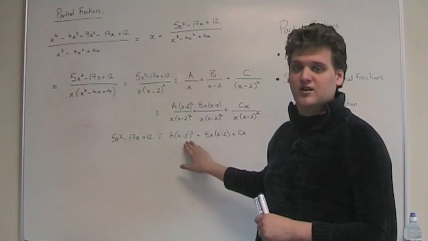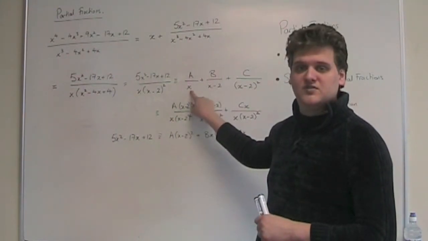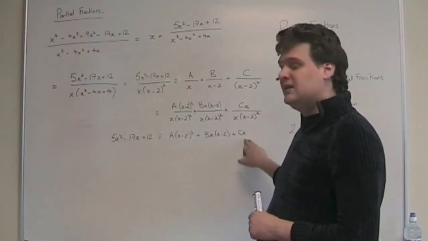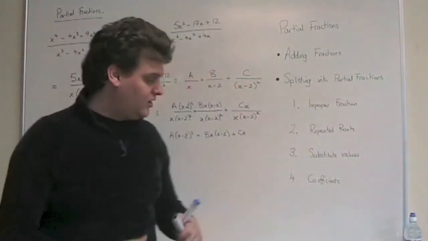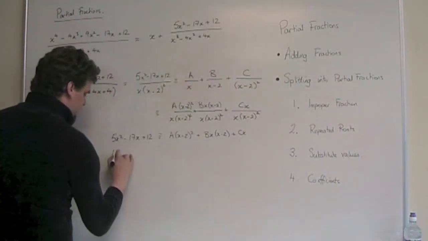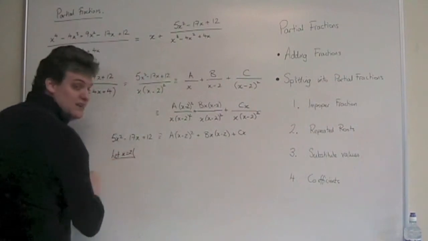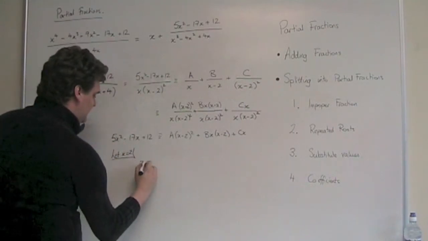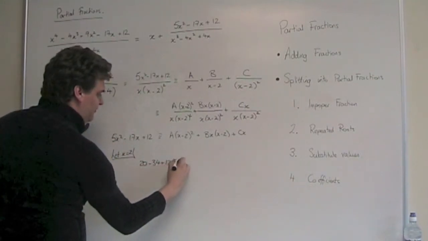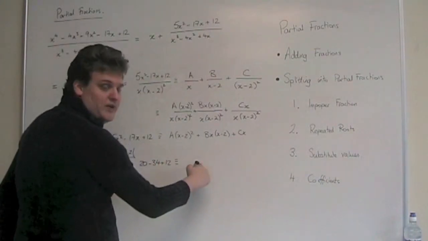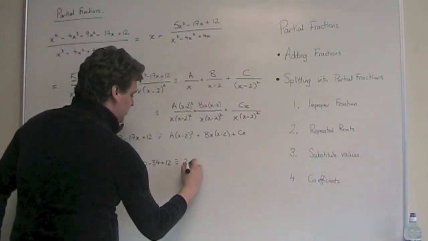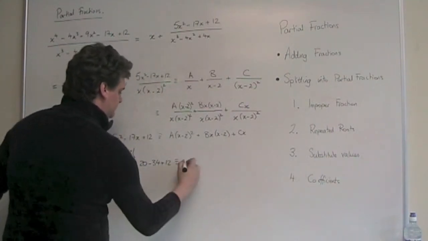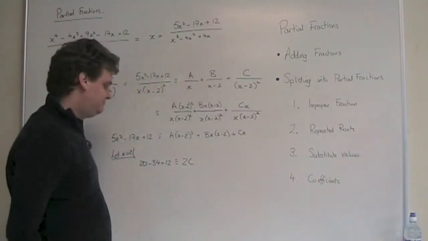So the other one we will try is x equals 0, because this is obviously going to give 0 b's and 0 c's. Doing that, we have, letting x equal 2 first, x squared is 4 times 5 is 20, minus 34 plus 12, 0 a's, 0 b's, and 2 lots of c for your final term.